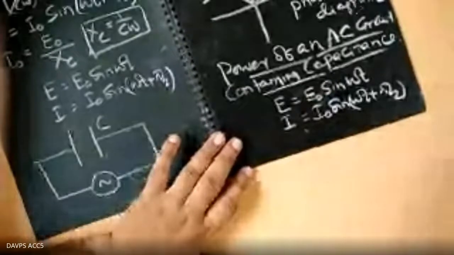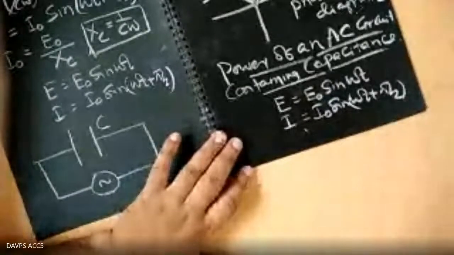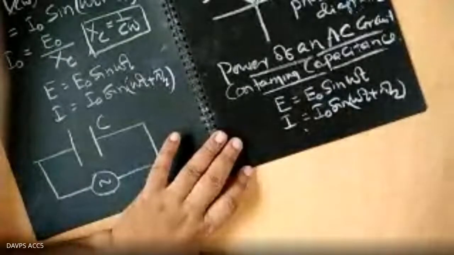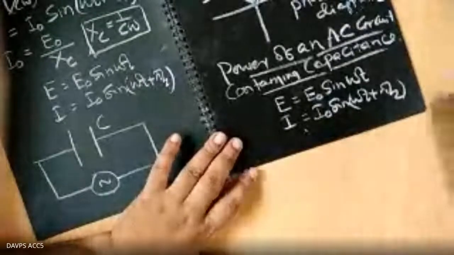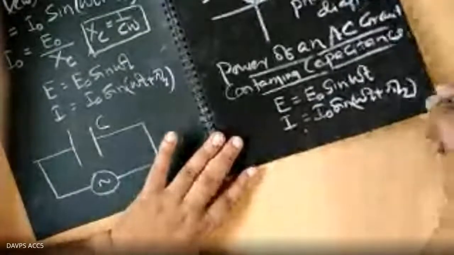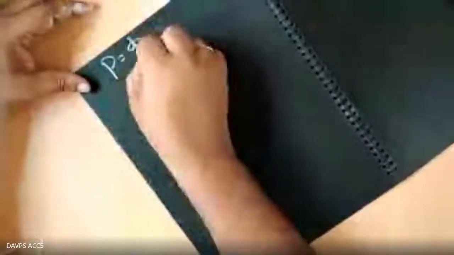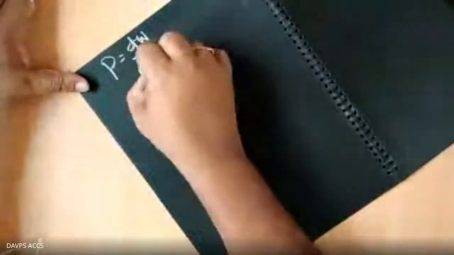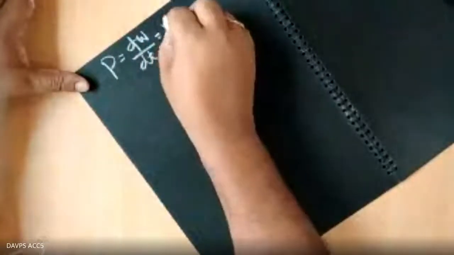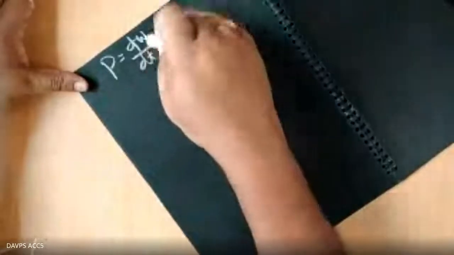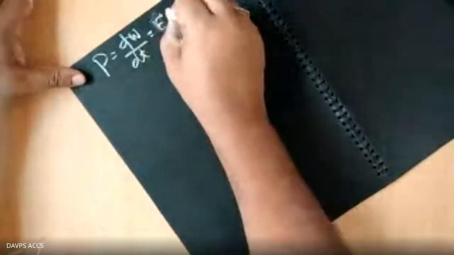E equal to E naught sin omega t, and the current is I equal to I naught sin(omega t plus pi by 2). So what will be the power? Same pattern you can proceed. The average power is P equal to dW by dt, and that is equal to VI, or EI.